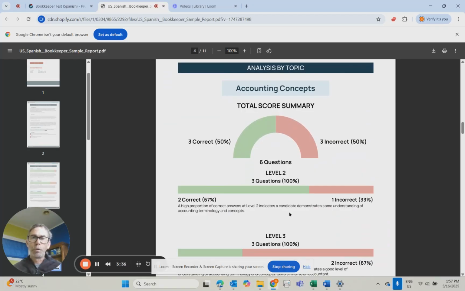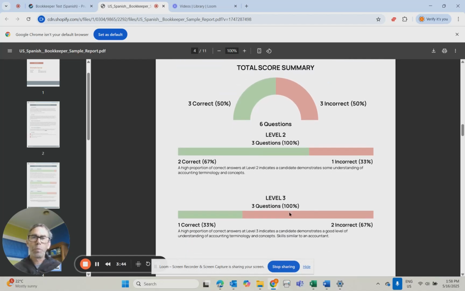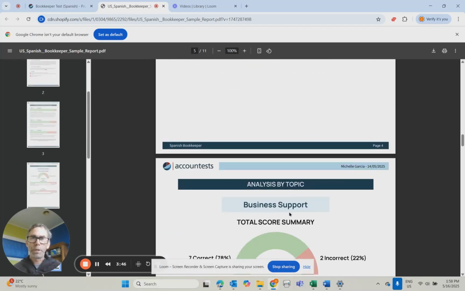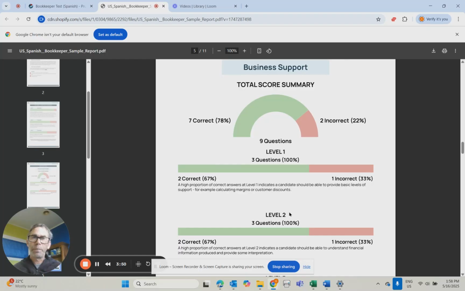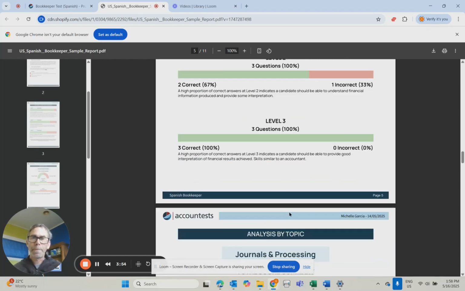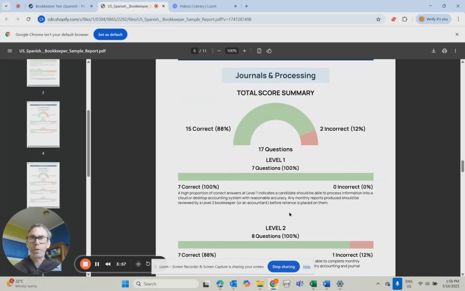We then go through the parts of the test one by one and show you how the candidate did. So accounting concepts, which is a little bit of theoretical knowledge. Business support, so that's giving added value to the business owner. Journals and processing, so this is where most of the questions are, and is probably a key one.